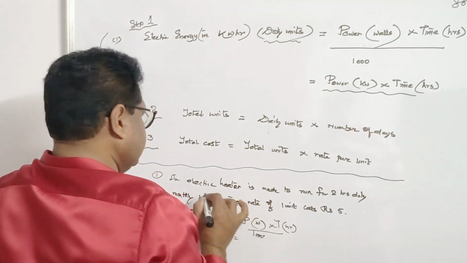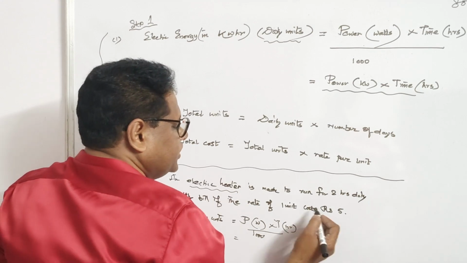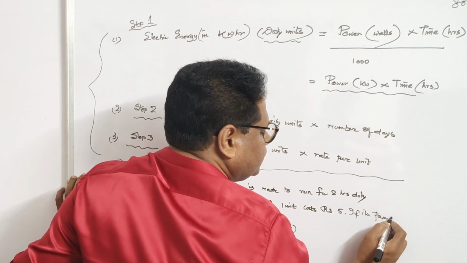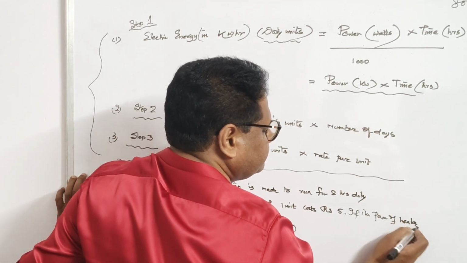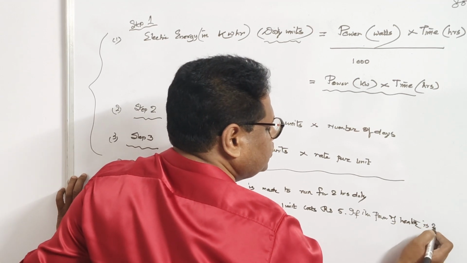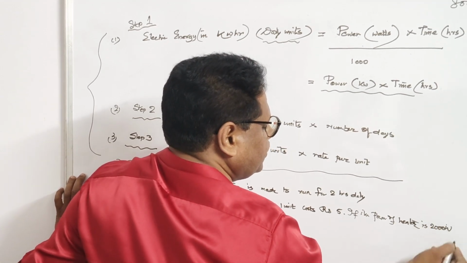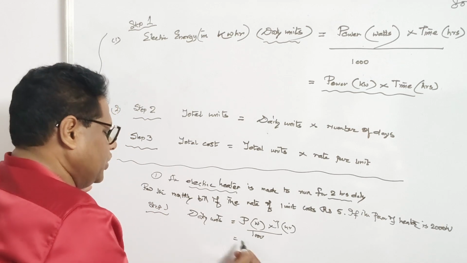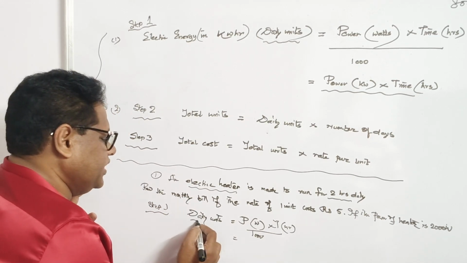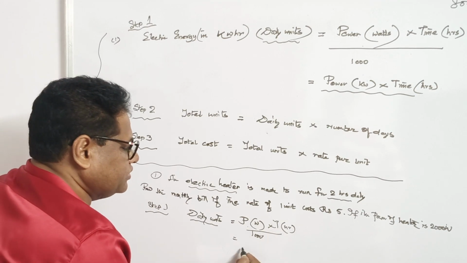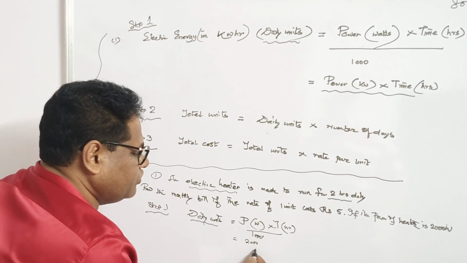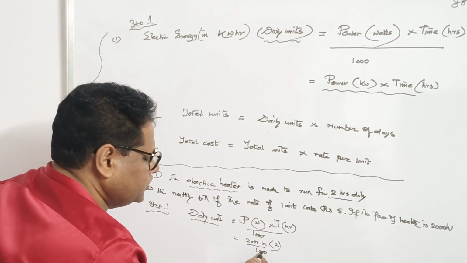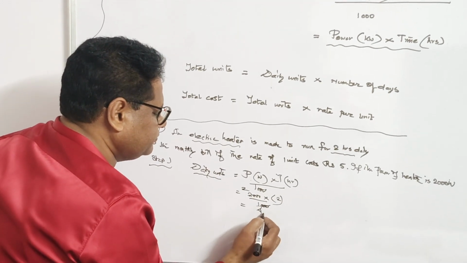Suppose the power of the heater is 2000 watts, and it is made to run daily 2 hours, and you have to find the monthly bill. So for step 1, we have daily units, that is power in watts into time in hours by 1000. Suppose the power is 2000 watts multiplied by time, that is 2 hours, divided by 1000. So it comes to 4 units.